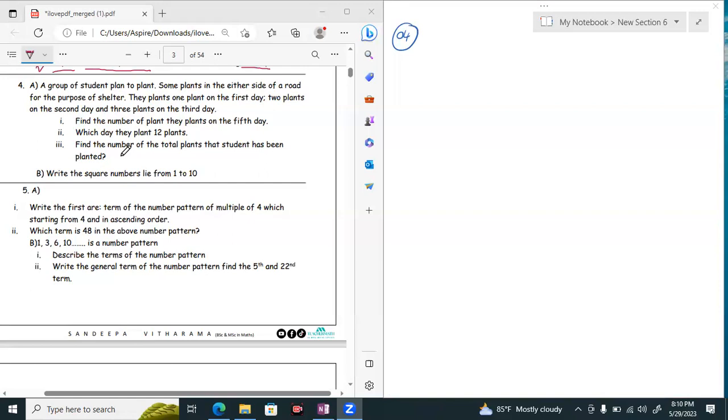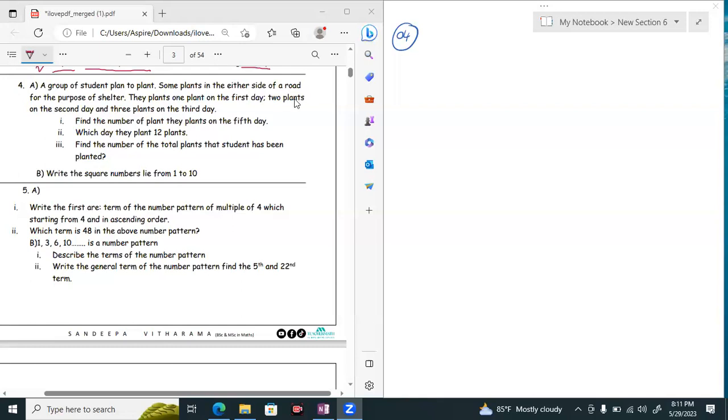A group of students plan to plant some plants on either side of a road for the purpose of shelter. They plant one plant on the first day, 2 plants on the second day, 3 plants on the third day.